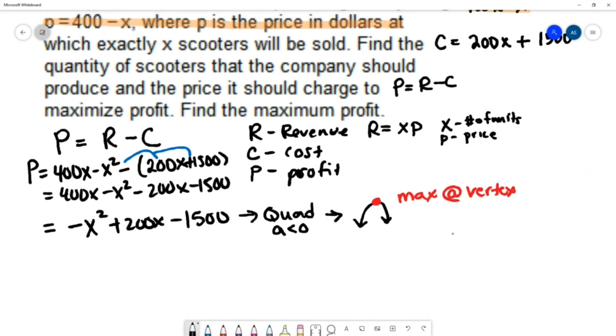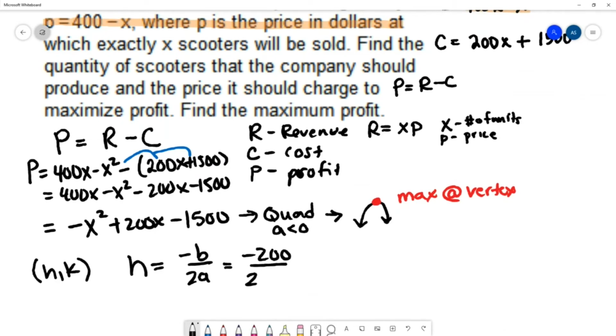We have a vertex formula. The vertex is HK. The formula for the vertex, or the H, which is the x-coordinate of the vertex, is negative b over 2a. It's negative 200 over 2 times negative 1. That's negative 200 over negative 2.